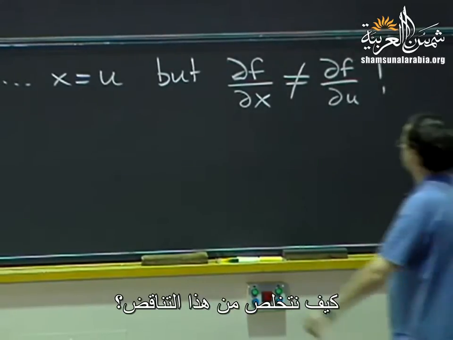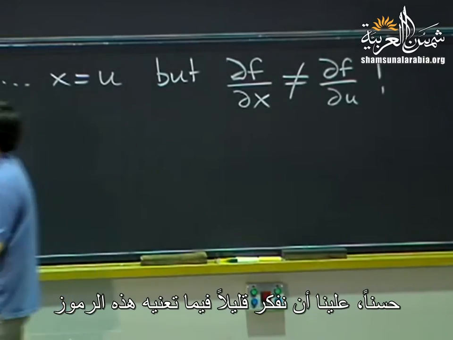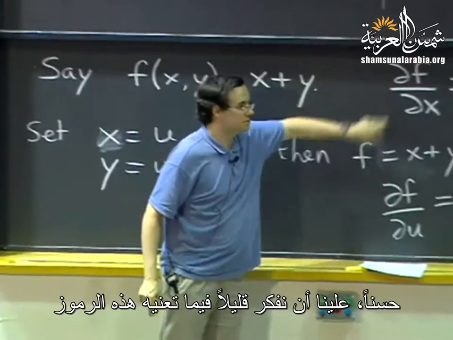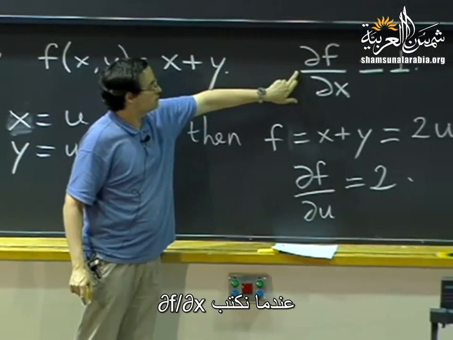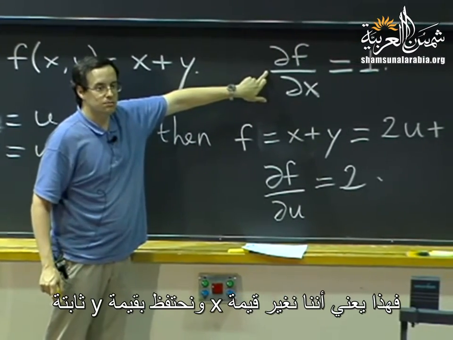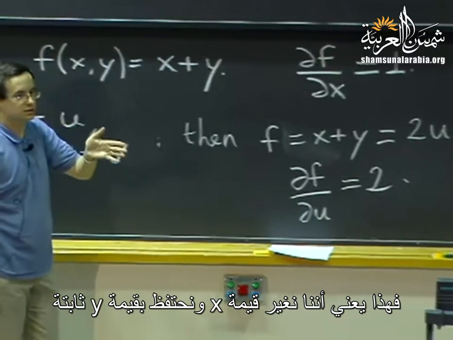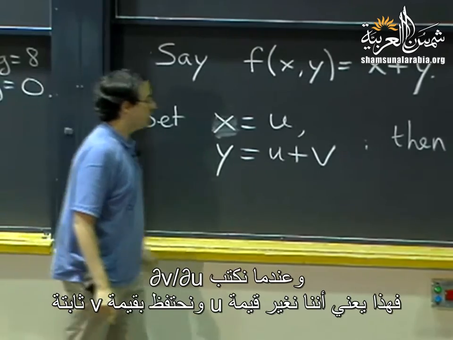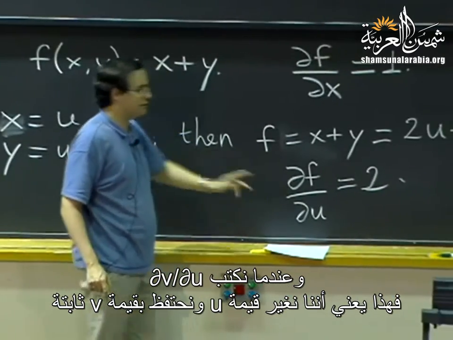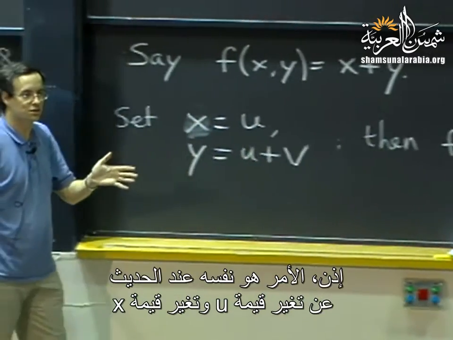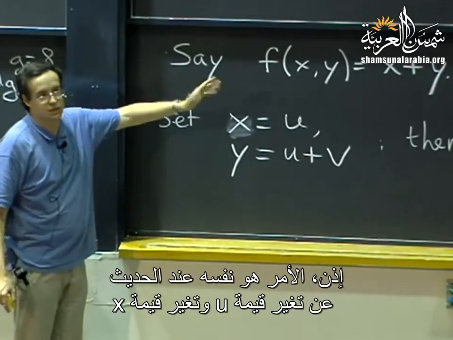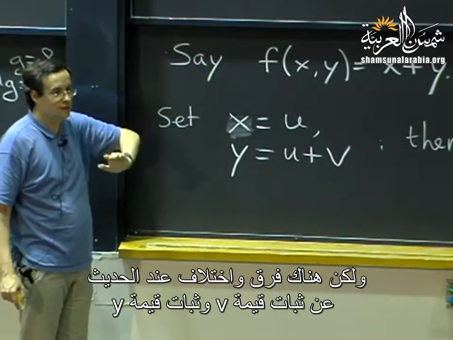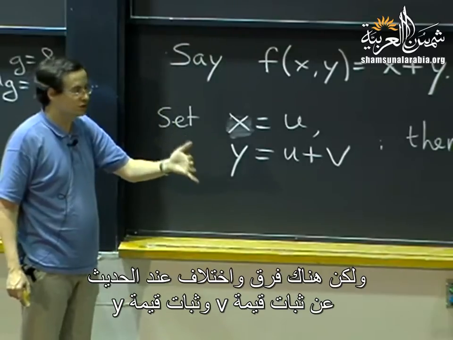So how do we get rid of this contradiction? Well, we have to think a bit more about what these notations mean. Okay? So when we write partial f over partial x, it means that we are varying x, keeping y constant. When we write partial f over partial u, it means we are varying u, keeping v constant. So varying u or varying x is the same thing, but keeping v constant or keeping y constant are not the same thing.